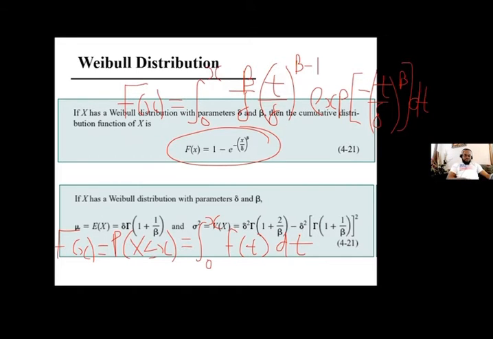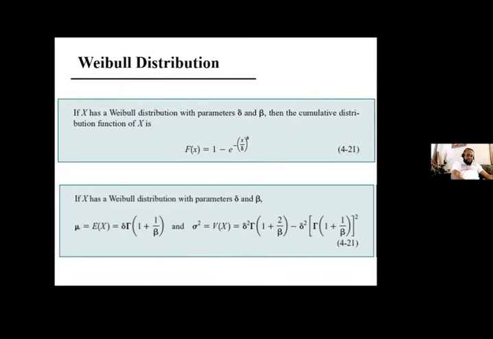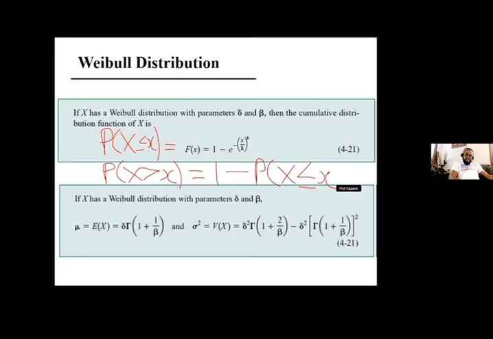So if this is the probability of big S less than or equal to small x, I can also use it to find the probability of S greater than x, which is just going to be 1 minus that.